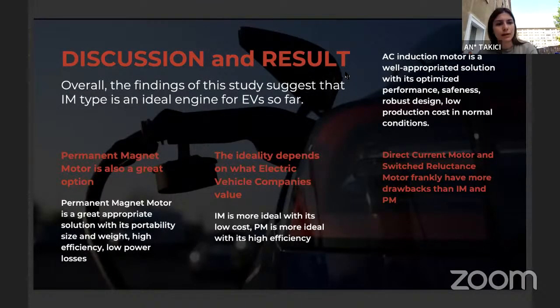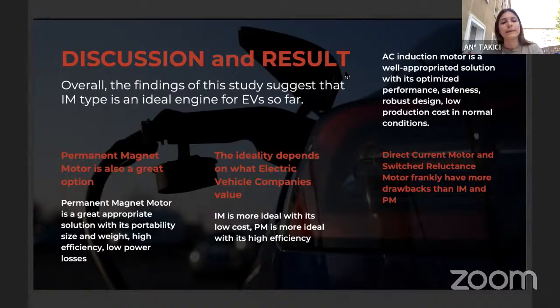Discussion and results. Overall, the findings of this study suggest that induction motor type is an ideal engine for electric vehicles so far, because induction motor has great, optimized performance, is safe, and it has a robust design and low production cost in normal conditions. That's why induction motor is really ideal.